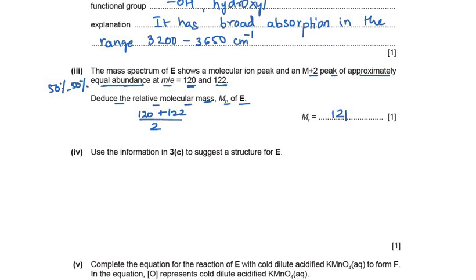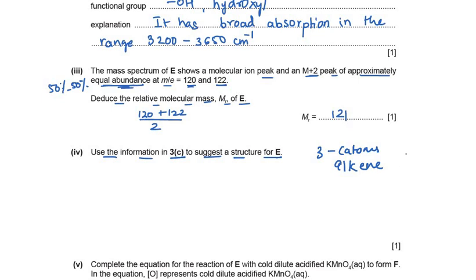But if the abundance is not equal, just like chlorine, then we'll have to use a different method of finding the relative atomic mass. The next sub question says use the information in 3C to suggest a structure for E. Now I remember, but if you don't remember, you can always pause, rewind, go back and read the question again. But I remember there were 3 carbon atoms in the organic compound E, plus it has an alkene group, that is for sure. Plus it has shown M and M+2 peaks of equal abundance.